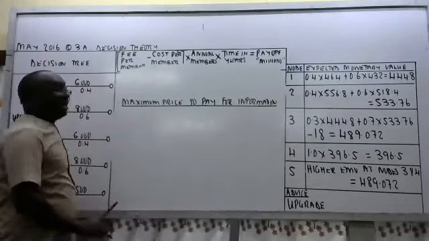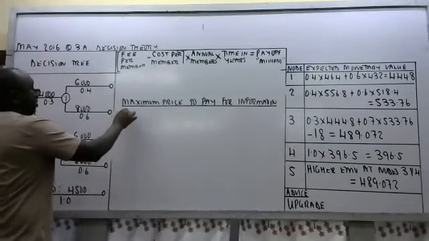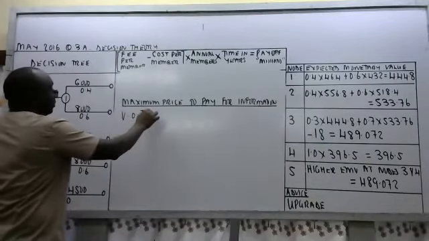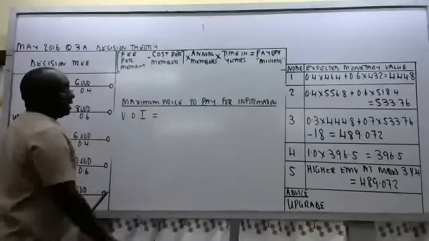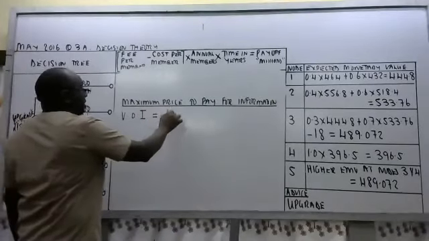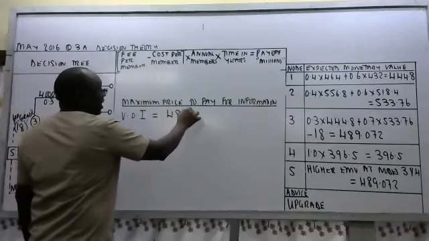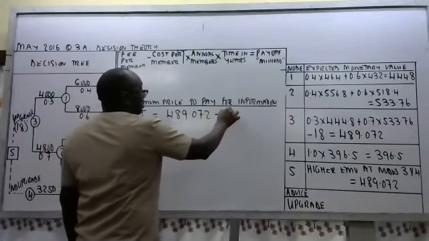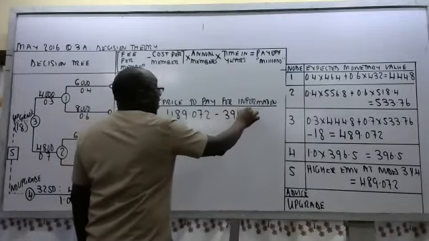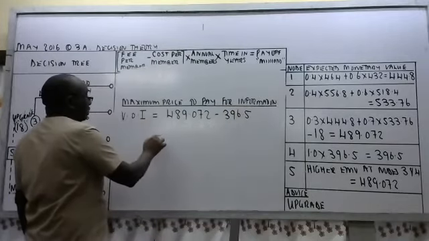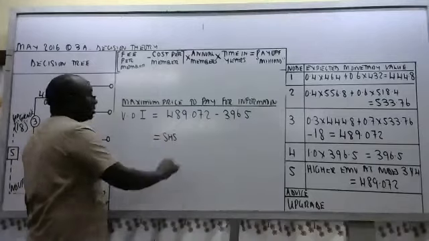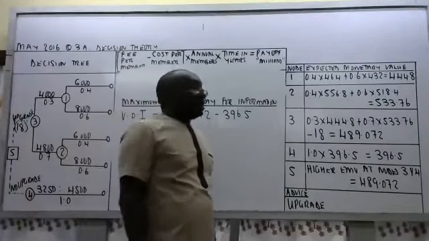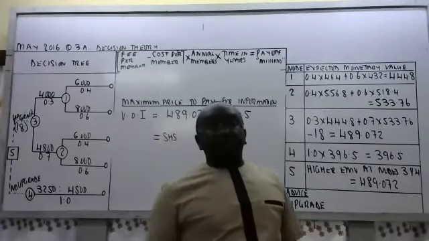We have been saying that this is the value of information. And I'm saying this now will be the difference between 489.072 minus 396.5. That is the amount that should be paid. Give me that answer.